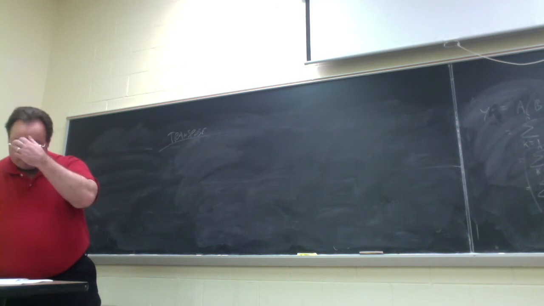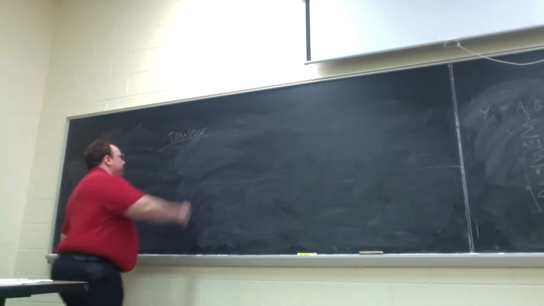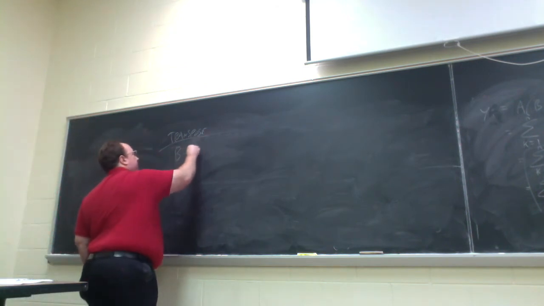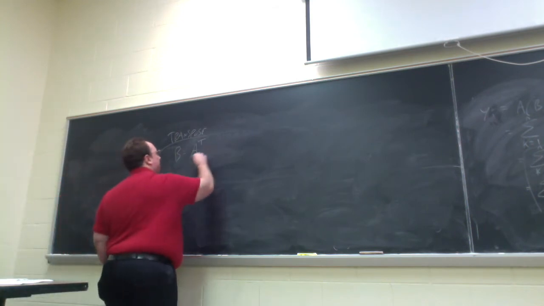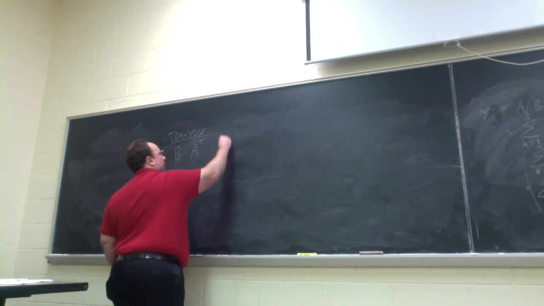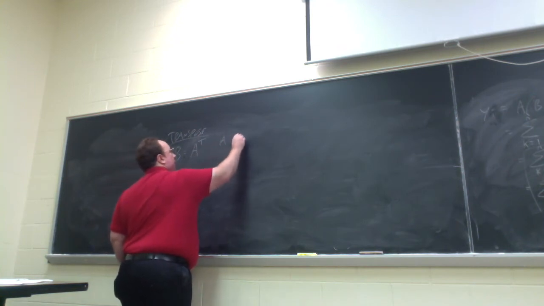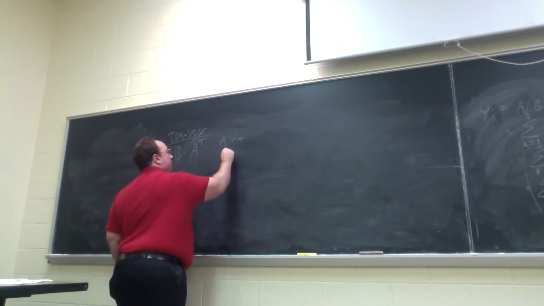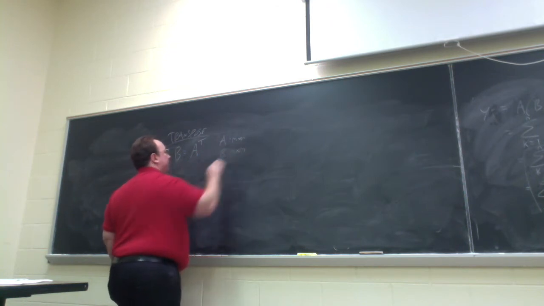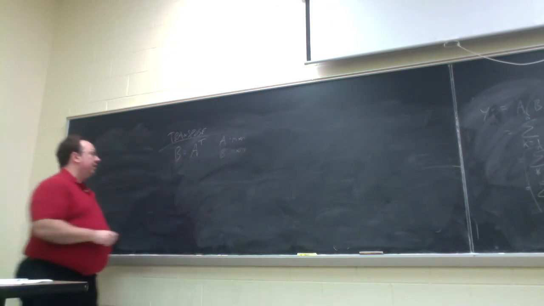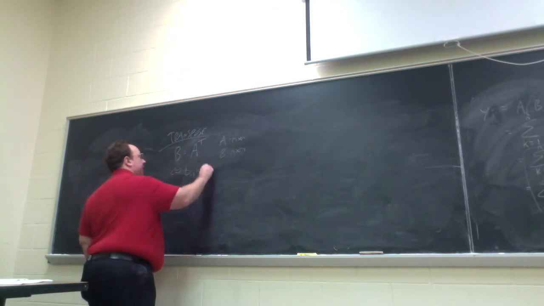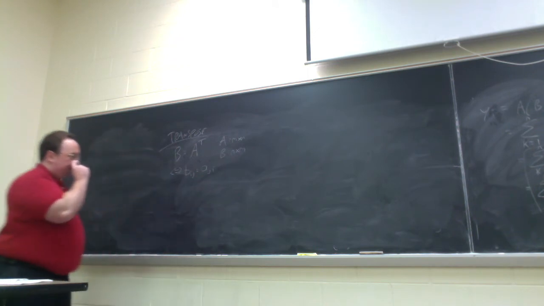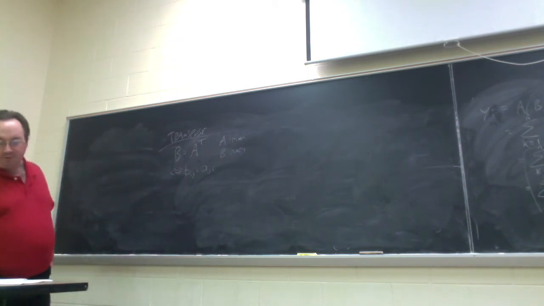Now, matrix B is defined to be the transpose of A. So A is m by n, and B is n by m. So the dimensions are reversed. So Bij is equal to Aji. So you're reversing the sense of rows and columns.